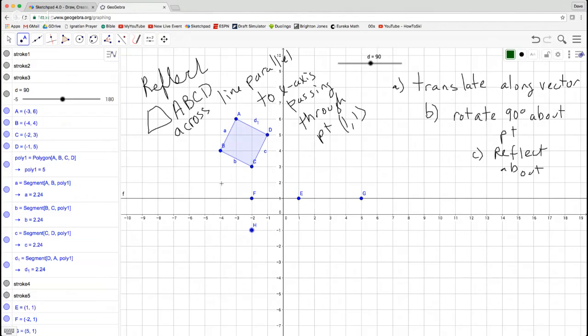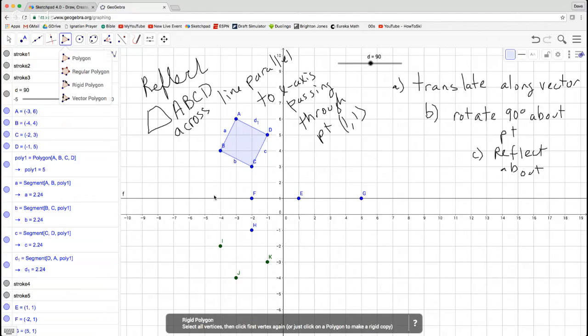B is 1, 2, 3, so I've got to go 1, 2, 3. A is 1, 2, 3, 4, 5. And D is 1, 2, 3, 4.